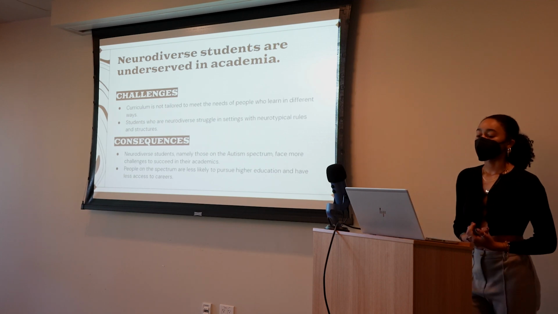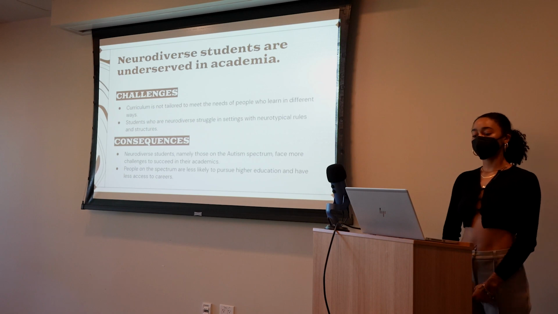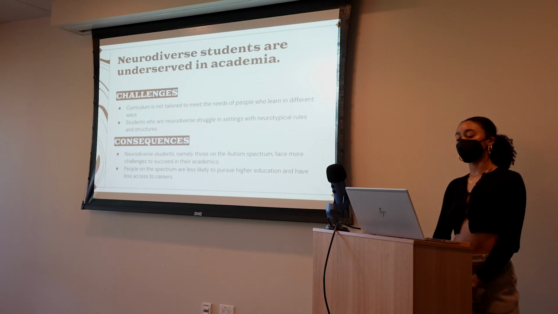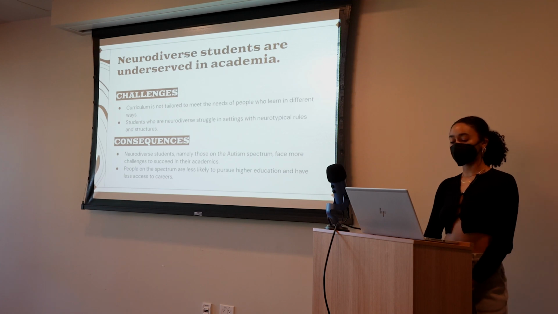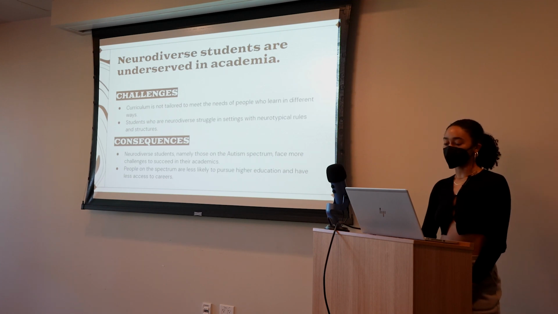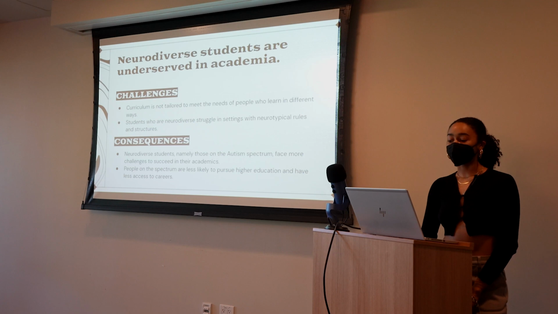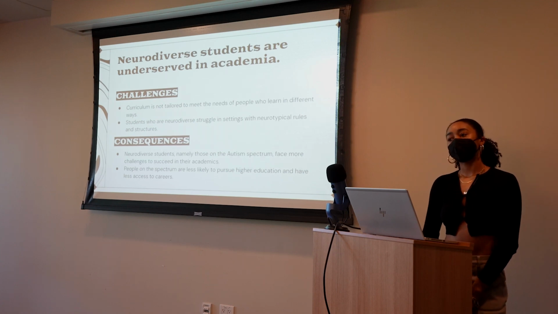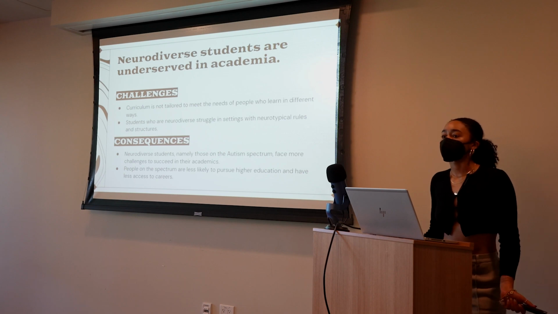Some consequences of this: neurodiverse students, namely those on the autism spectrum, face more challenges to succeed in their academics. And people on the spectrum are less likely to pursue higher education and have less access to careers. What's the significance, though?